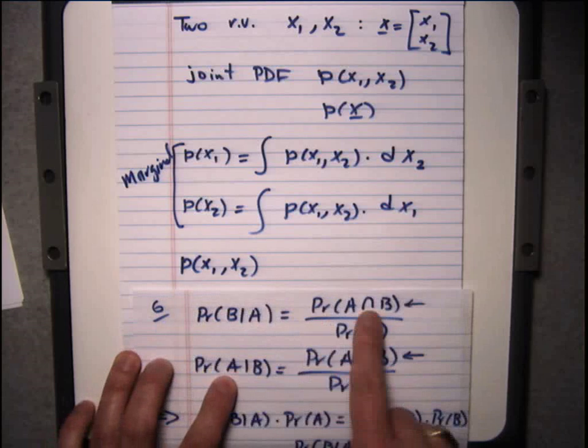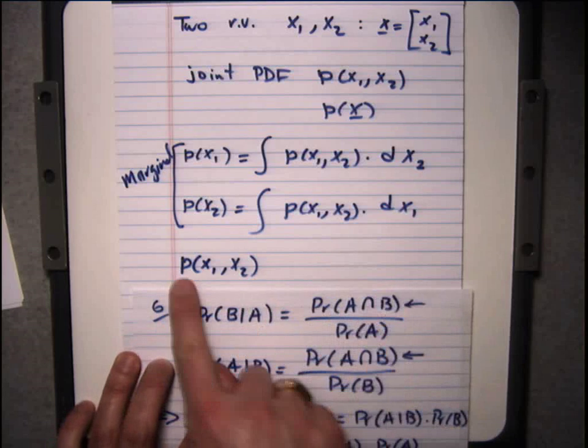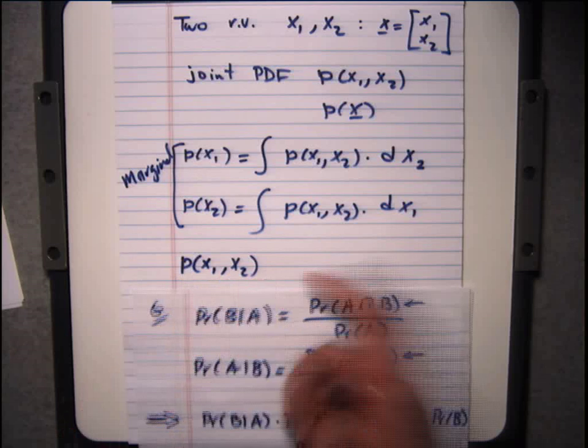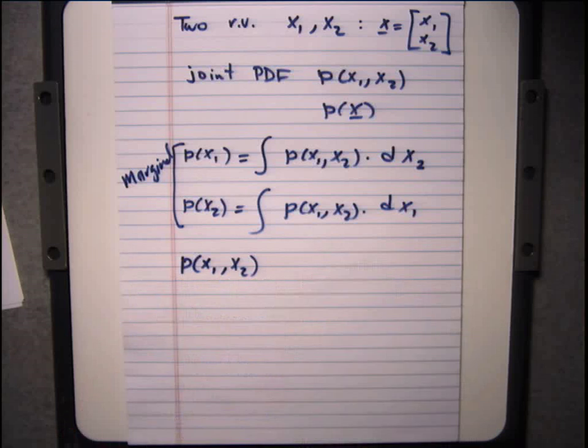Probability of A and B is probability of B given A times probability of A. Now here, this is the PDF of x1 and x2. So kind of like that, except that this is a probability, this is a PDF. But it turns out the expressions will be very familiar in terms of the way the final result turns out.